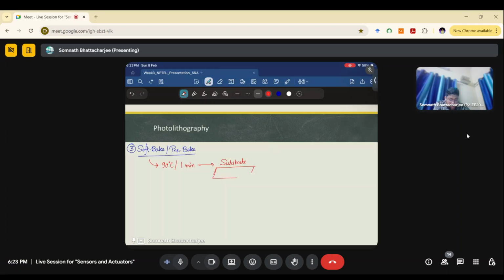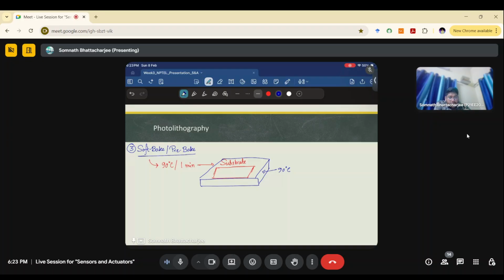This is our substrate, and we directly put it on top of a hot plate heated at 90 degrees centigrade. It is called a soft bake because we use a temperature less than the hard baking temperature.